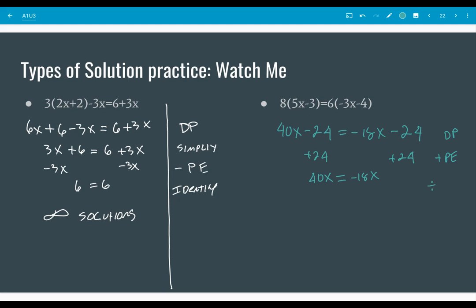We're going to do the division property of equality next, and divide both sides by x. Going to be left with 40 equals negative 18, meaning no solution. So there's an example of how we find solutions and determine whether we have infinitely many, one, or no solution.